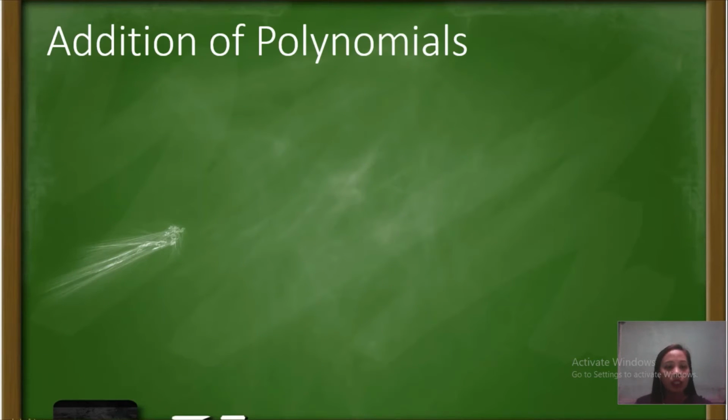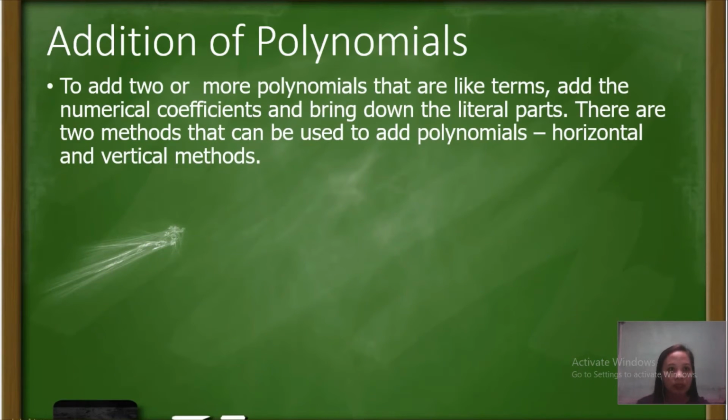We have here also addition of polynomials. How to add polynomials. To add two or more polynomials that are like terms, add the numerical coefficients and bring down the literal parts. There are two methods that can be used to add polynomials, the horizontal and the vertical methods.